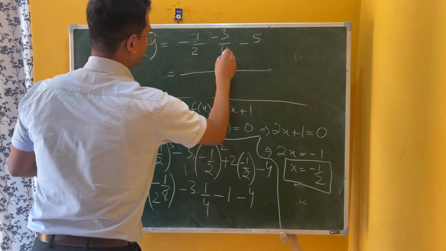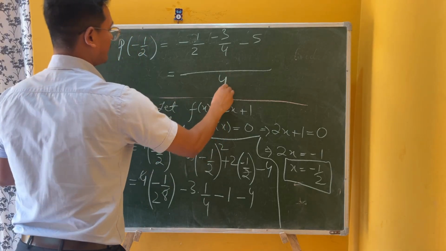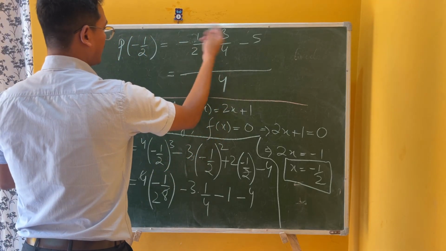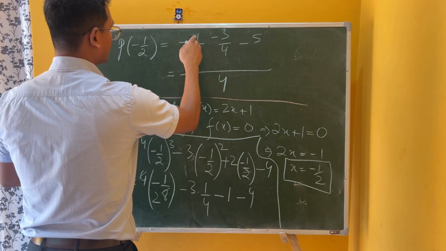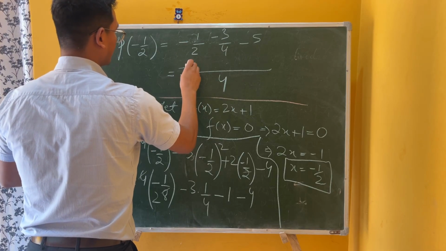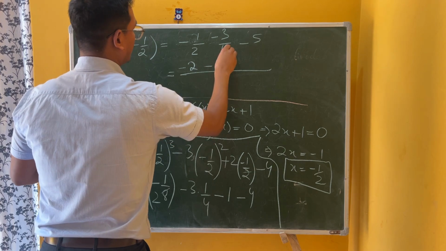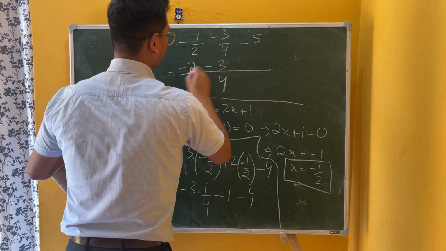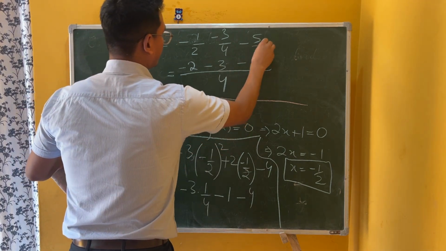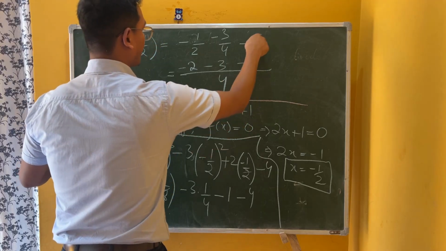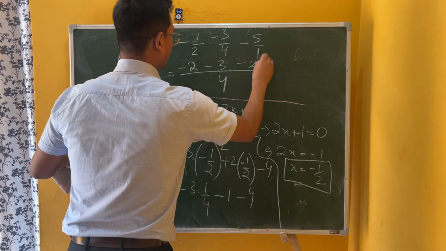Take the LCM, it is 4. So 2 times 2 is 4, so 1 will also multiply 2. It's going to be minus 2. 4 times 1, so 3 will multiply 1. So 1 will multiply 4, so 5 will also multiply 4. It's 20.